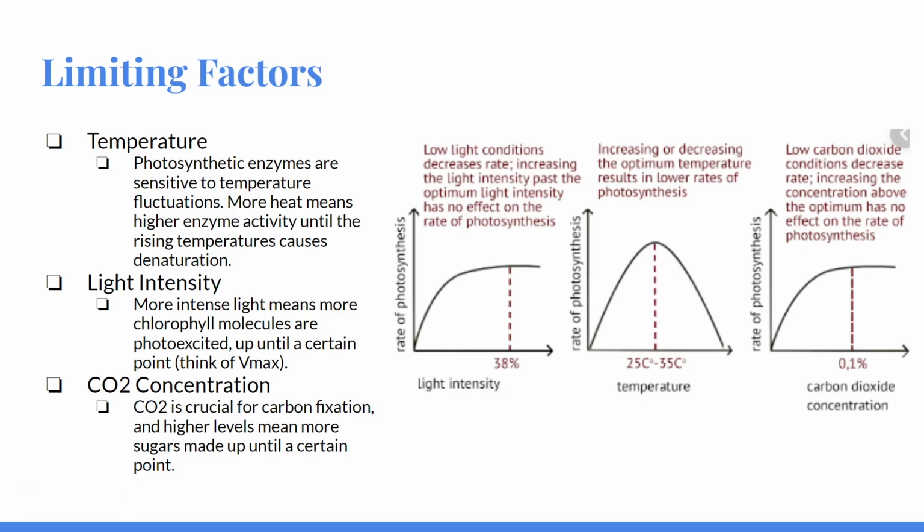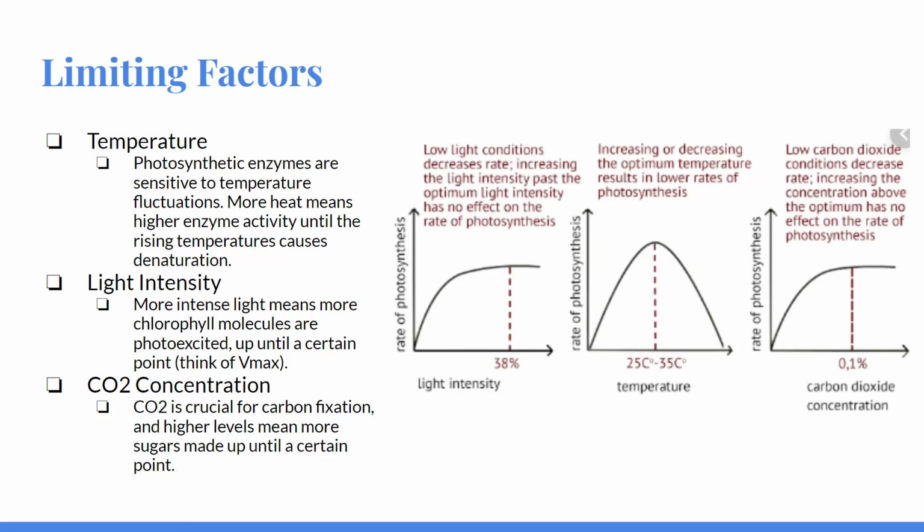It's a similar thing to Vmax, when you add substrate up to a certain point, and then the more substrate you add, it doesn't really affect it anymore. There's going to be a general correlation with light up until a point where increasing the light intensity doesn't do anything, because the complexes are going to be all busy.